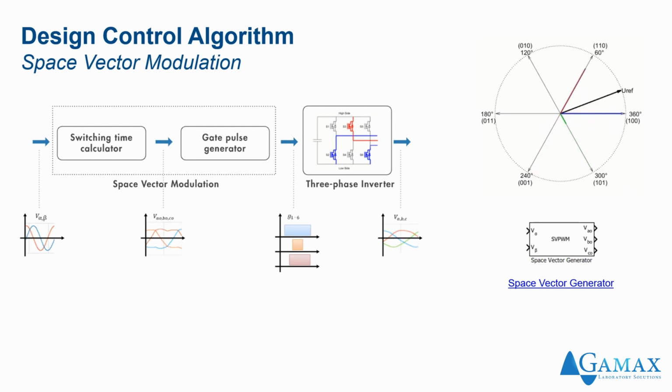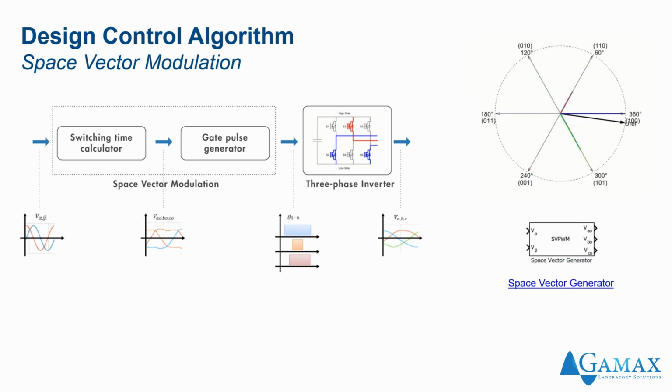The nature of the generated modulation wave with a double hump maximizes the utilization of the available DC voltage. We can then apply the generated gate signals to the switches of the three-phase inverter to drive the motor at the desired speed.